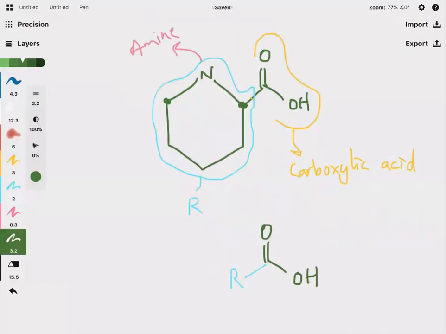See, the R group is that entire cyclical ring structure.